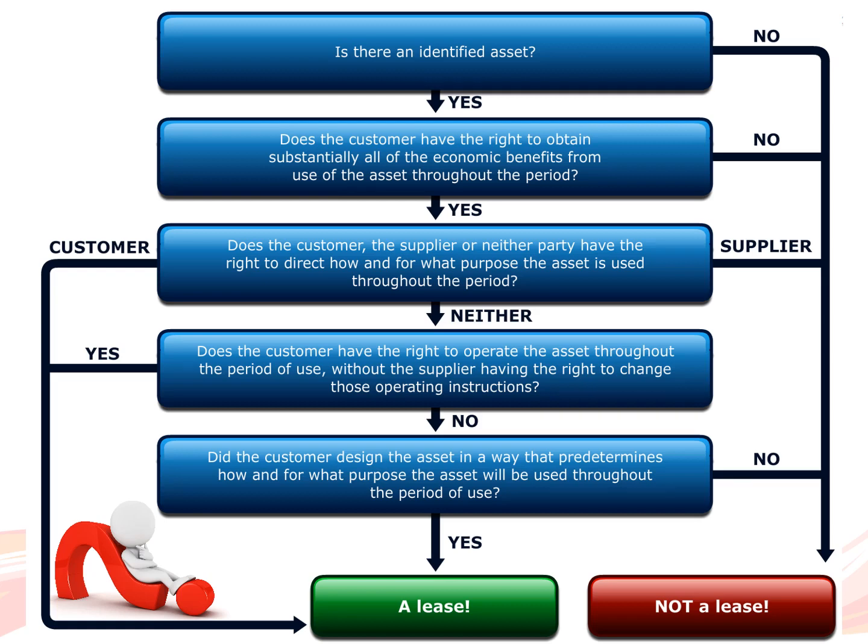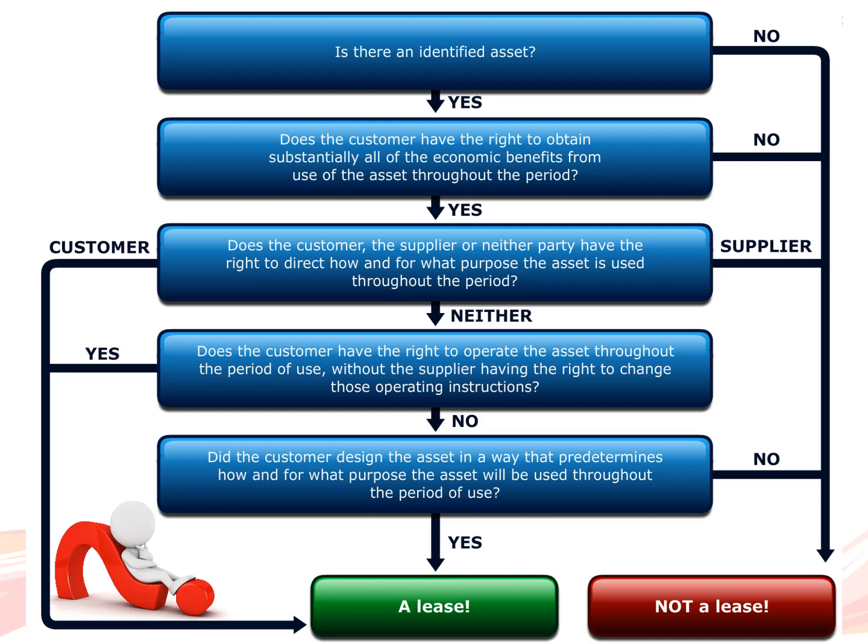The primary starting point is the identification whether or not, based on the contract, there is the use of an identified asset. Because if that requirement is not met, then no lease exists.